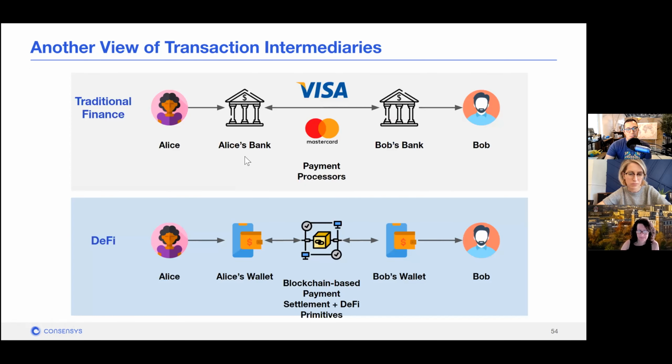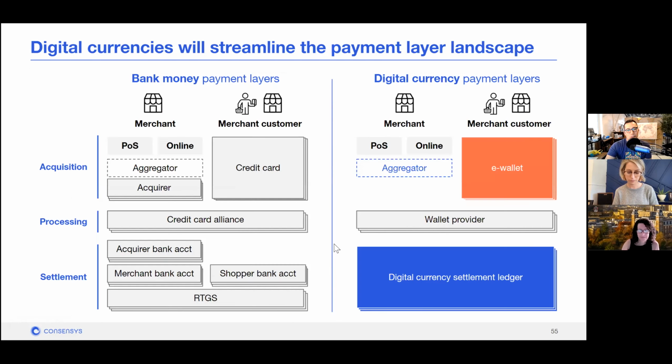The reason why that's interesting is because there are a lot of intermediaries, especially for payment processing, right? Plaid was built for bank-to-bank connections with the Web2 world for fintech companies. MasterCard and Visa are used a lot for settlement as well. In DeFi, you just use wallets and you settle your transactions directly on these different networks.